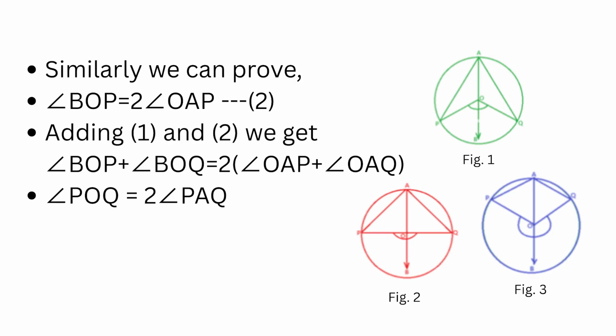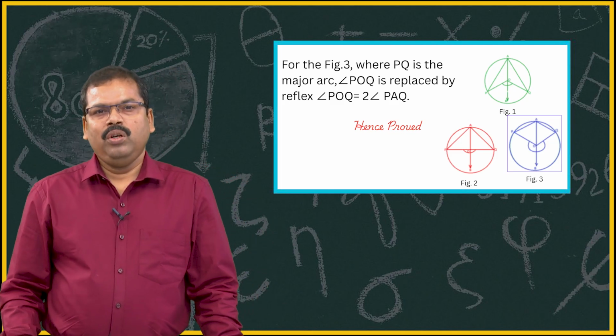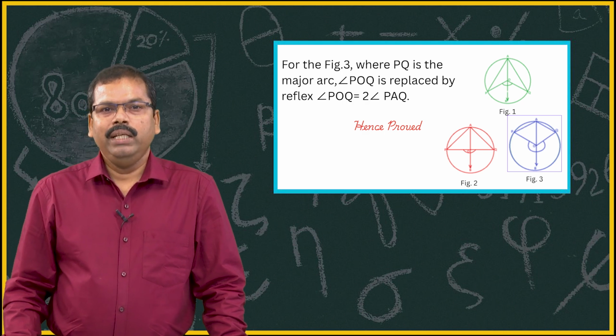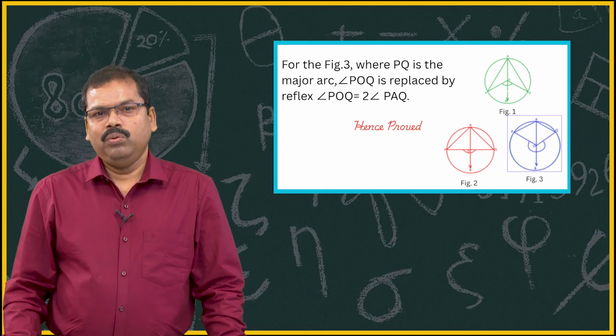It implies POQ equals 2 times PAQ. For figure 3, where PQ is the major arc, angle POQ is replaced by reflex angle POQ, which is equal to 2 times PAQ.